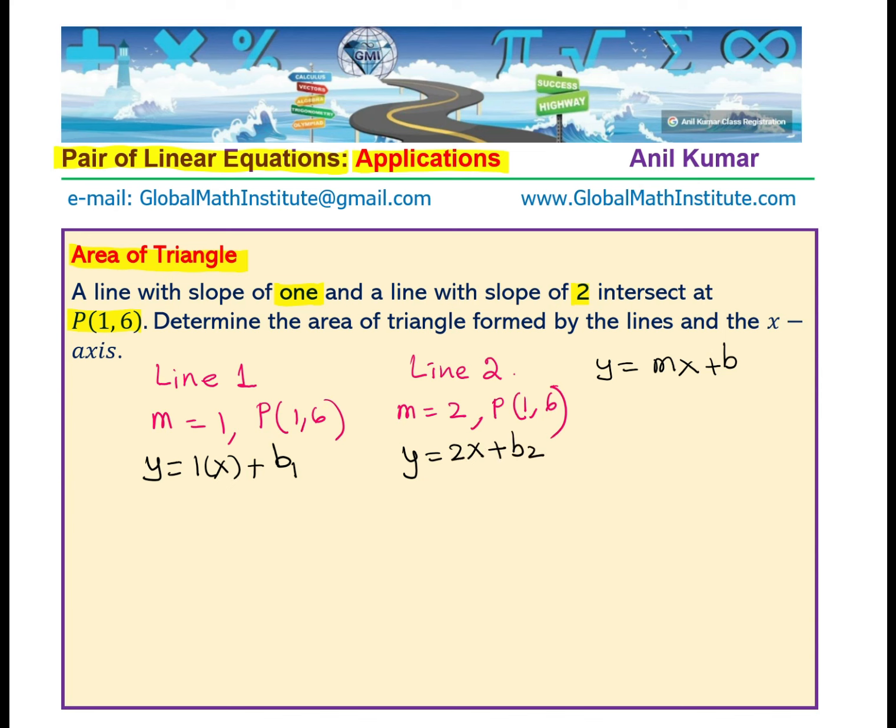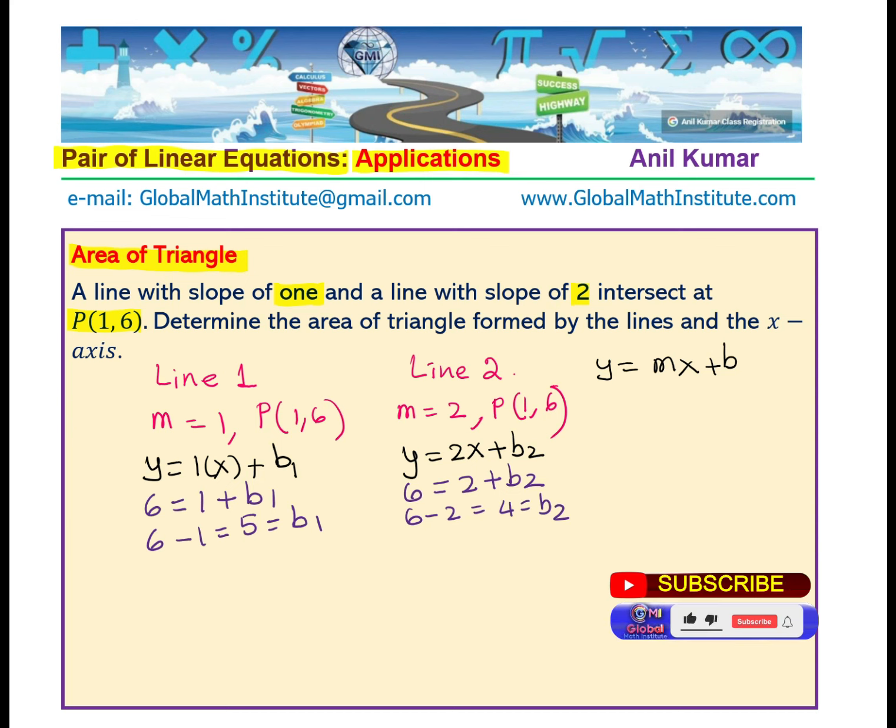Substituting the point given to us as (1, 6), with y value being 6 and x as 1, we have 6 = 1 + b1. And in the other one, we get 6 = 2 + b2. Solving the first equation, we get 6 minus 1, which is 5 for b1. And here we have 6 minus 2, which is 4 for b2.